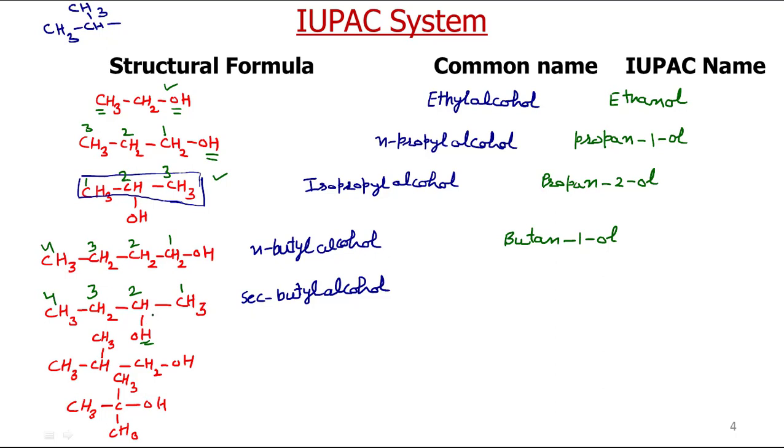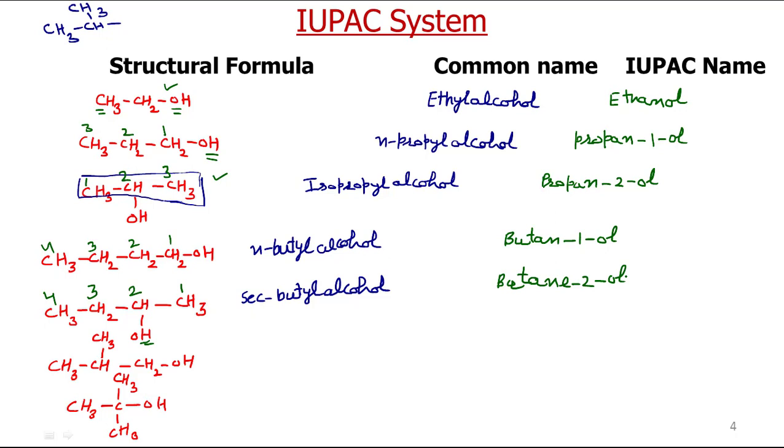So the OH group appears at the second carbon, so its IUPAC name will be butane 2-ol.